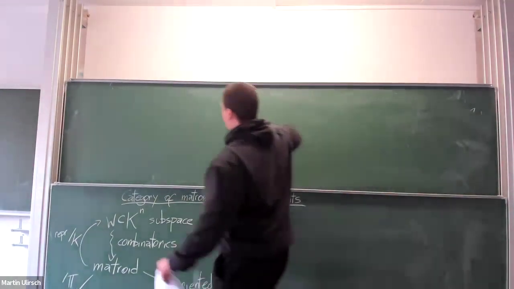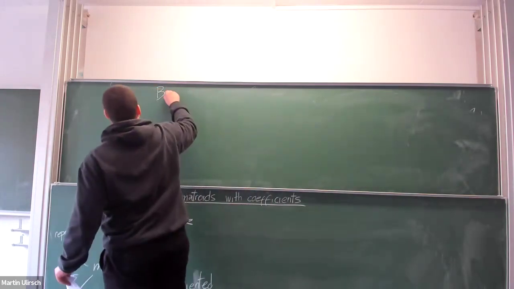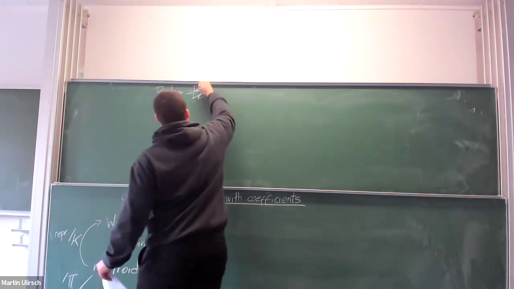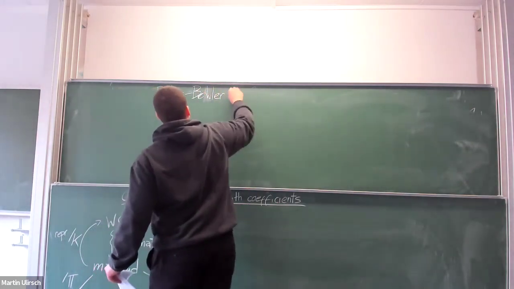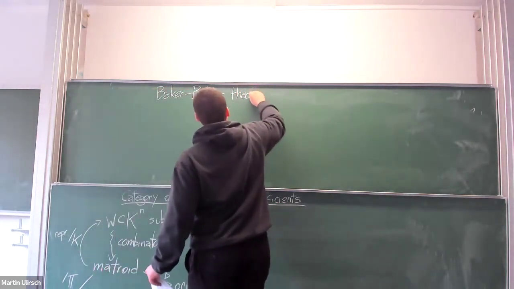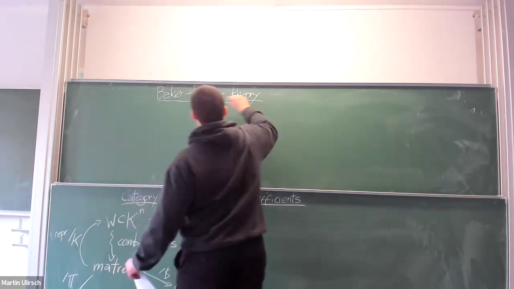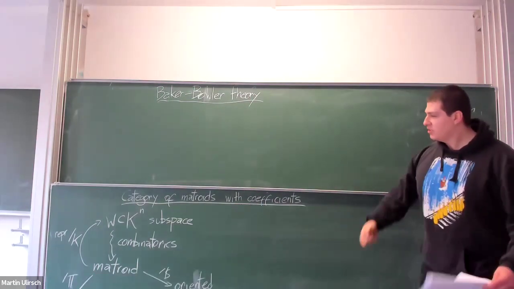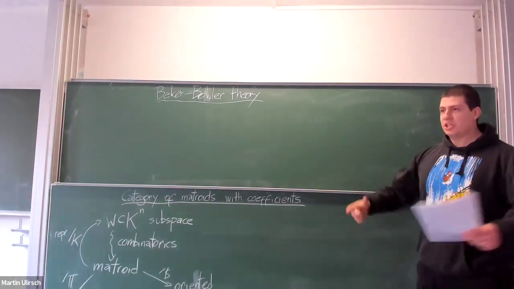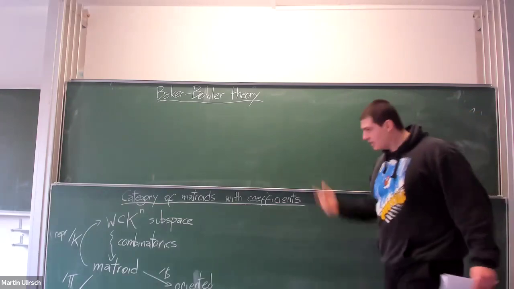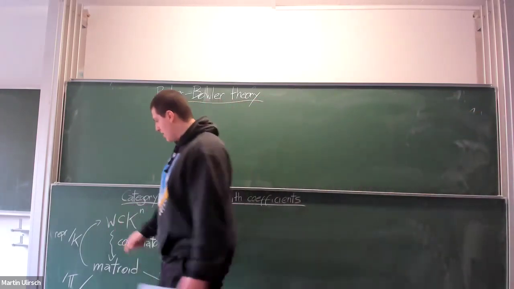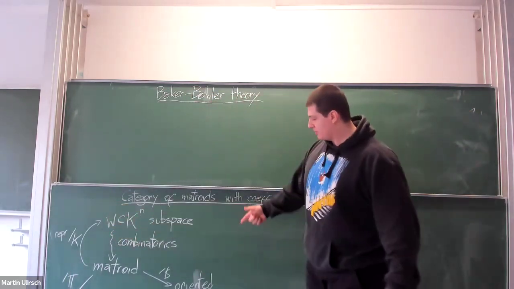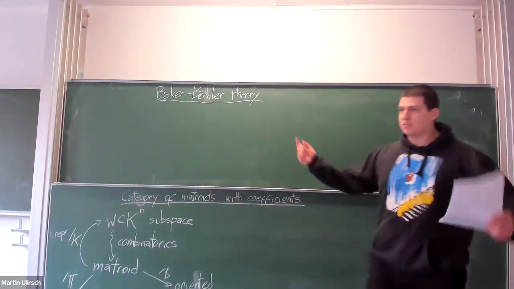Now what Baker-Bowler theory does is basically extend representations of matroids over more general algebraic structures. That includes fields, the tropical hyperfield that recovers valuated matroids, the sign hyperfield, and much more.